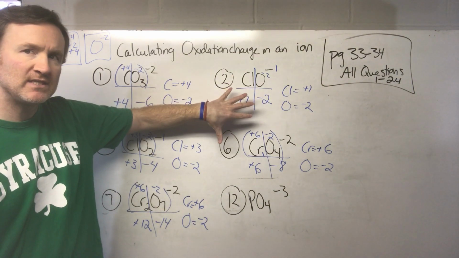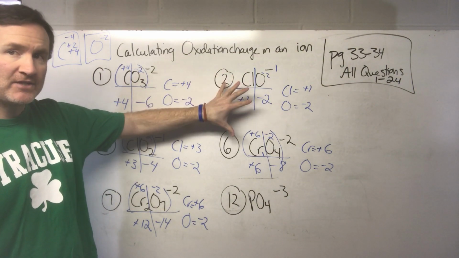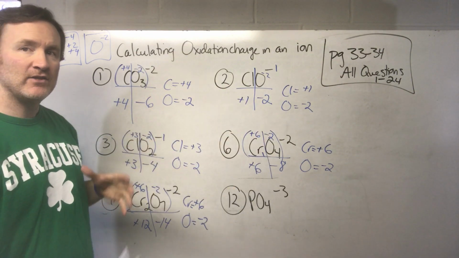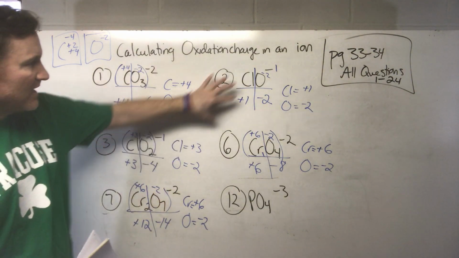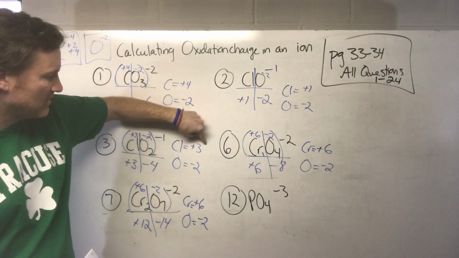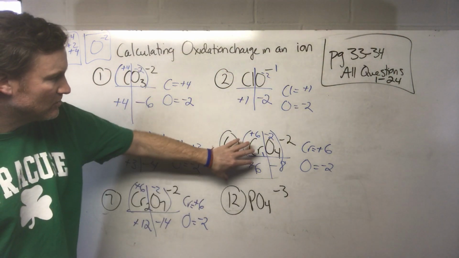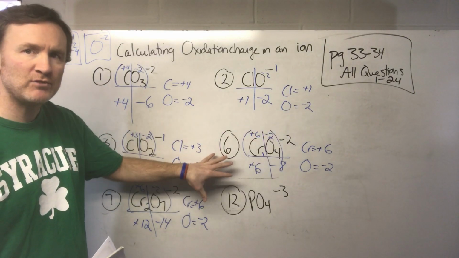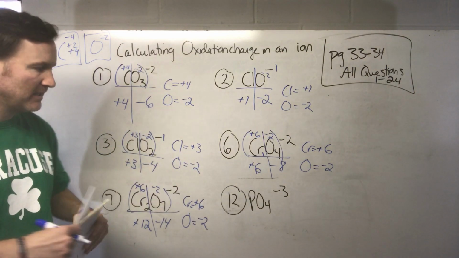So just because you have the same combination of elements does not always mean that you're going to have the same charges. I have the same elements in these two, but they have different charges. Chlorine has different charges. And then I have the same elements in these two, and the chromium has the same charge. Okay, so every case is going to be a little bit different.